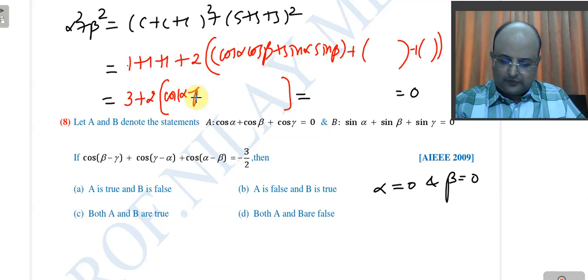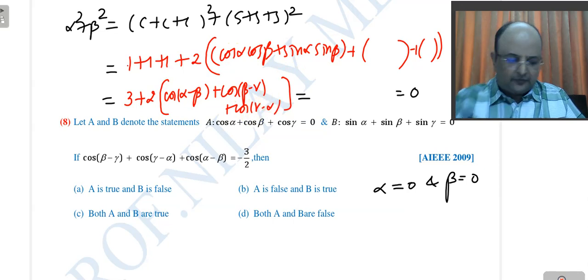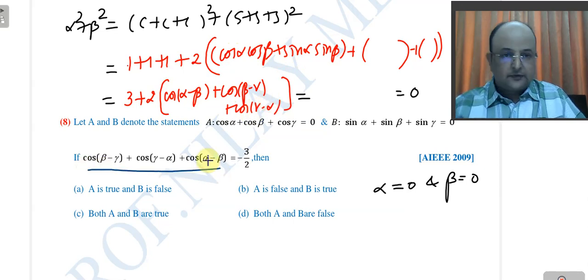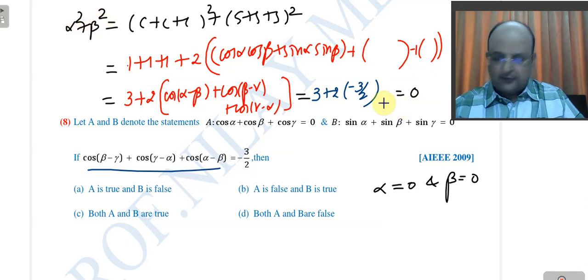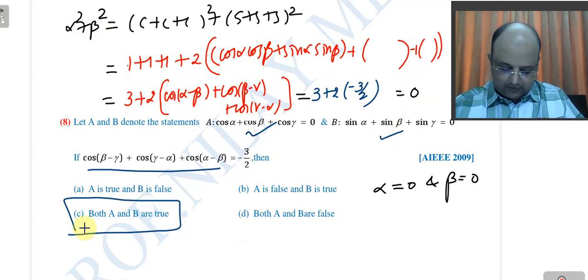That is cos(alpha minus beta), cos(beta minus gamma) plus cos(gamma minus alpha), and that is given to us, that is minus 3/2. So 3 plus 2 into minus 3/2, 2 to cancel, 3 minus 3 will be 0. So yes, it is true that alpha square plus beta square is 0, which means alpha is 0 as well as beta is 0. So both A and B are true.